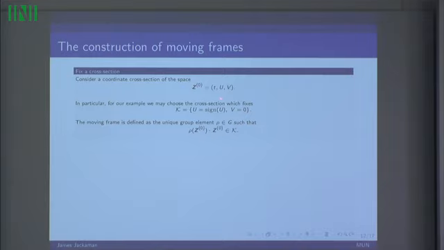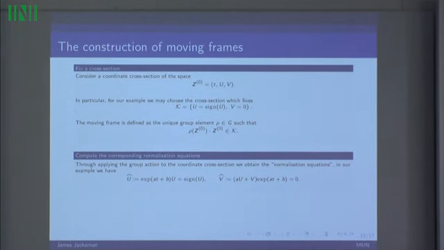For example, if we fix the cross section where u is equal to the sign of u, so u is equal to positive or negative 1, and v is equal to 0, then our moving frame is defined to be the unique group element which maps this cross section to itself.